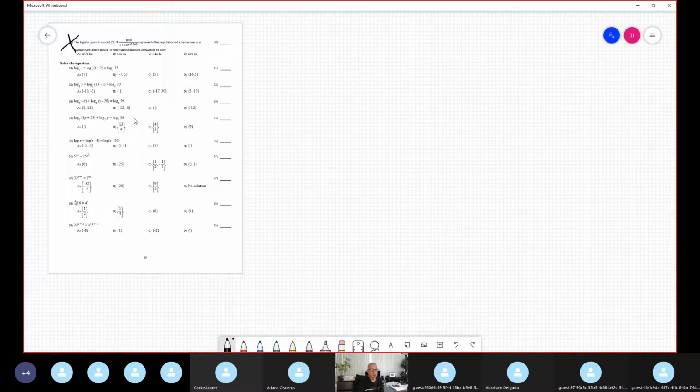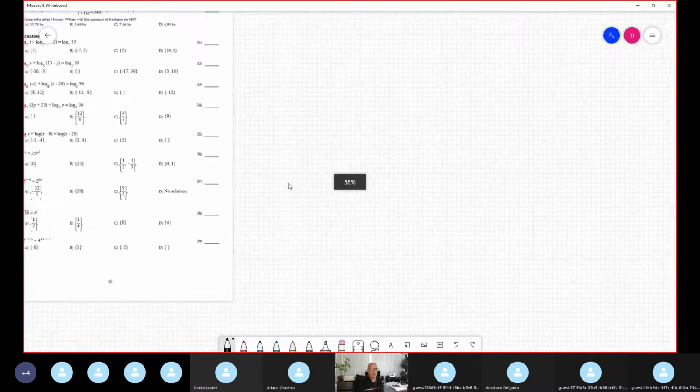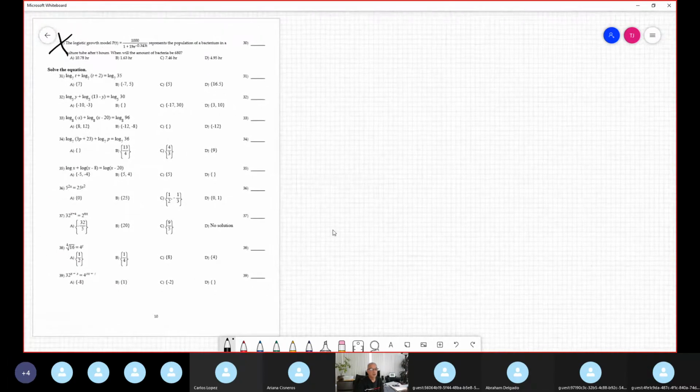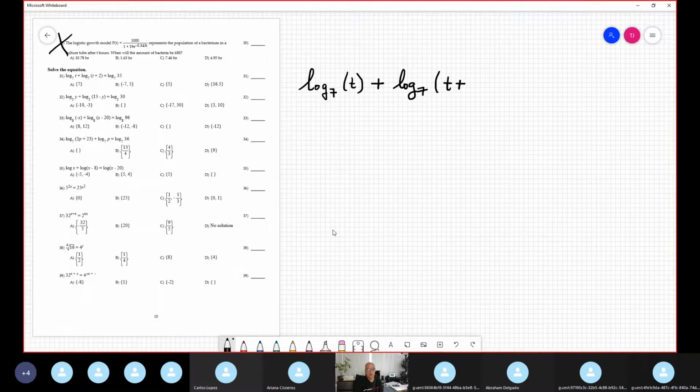The first one, 31. Say logarithm base 7 of t plus logarithm base 7 of t plus 2 is equal to logarithm base 7 of 35.